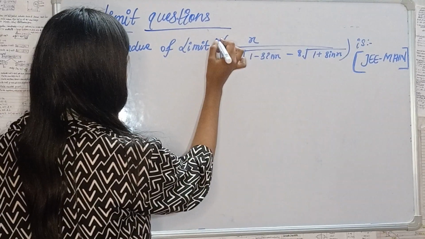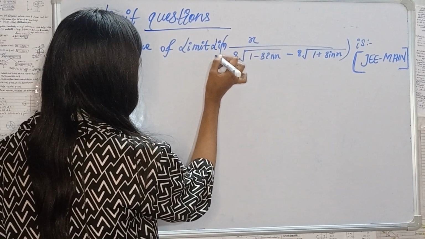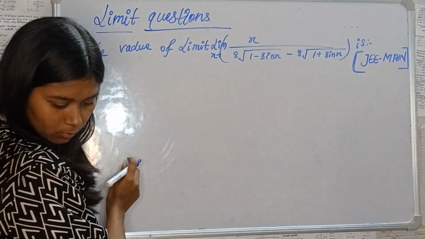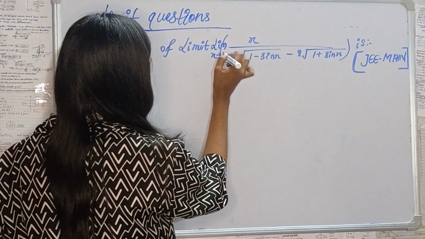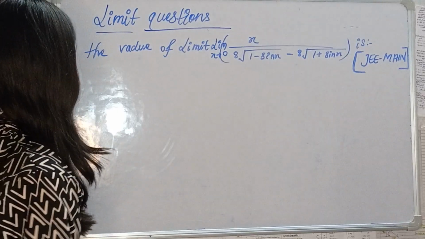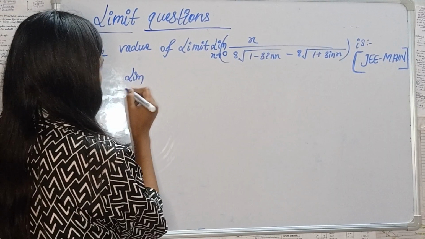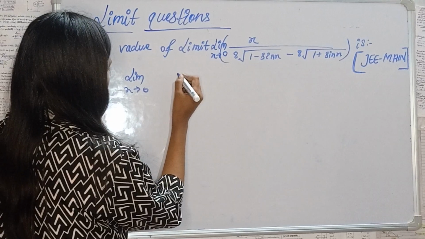So here is the limit as x tends to 0. Now this question is set up.